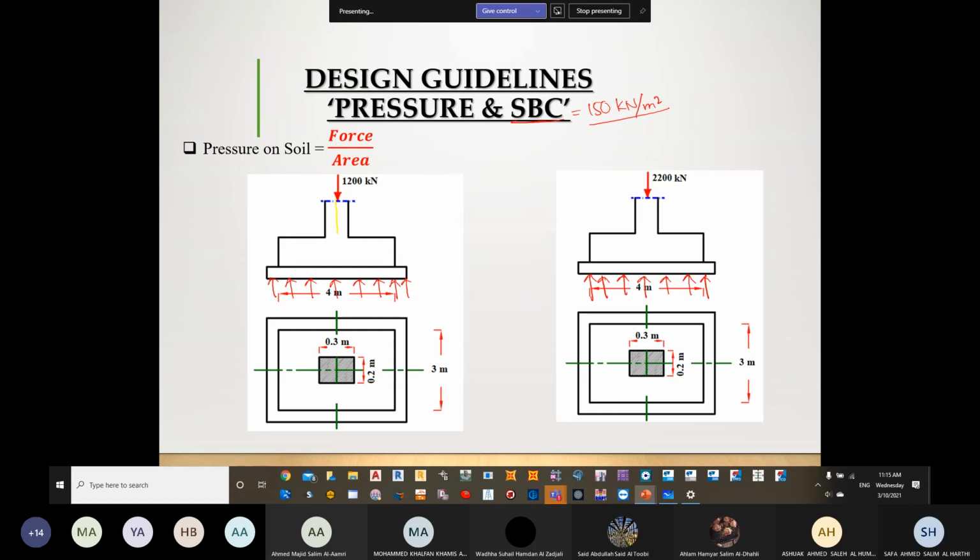Because of this particular loading, there will be a certain pressure. Now I need to check whether the pressure is more than the stress that can be taken by the soil or not. If I go and calculate in my first scenario, just 1 second.